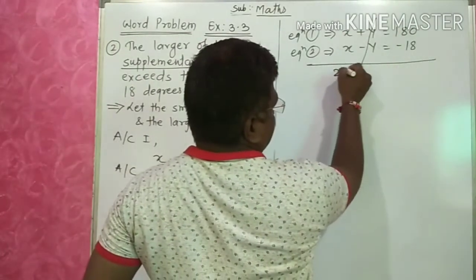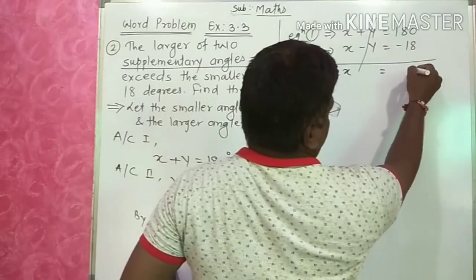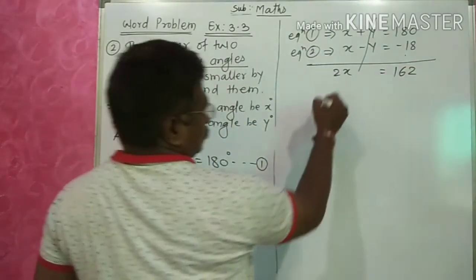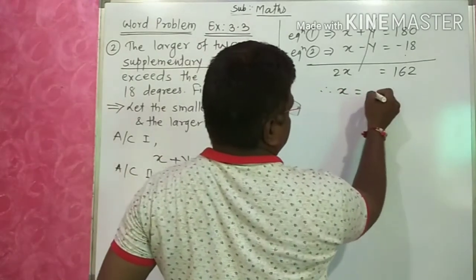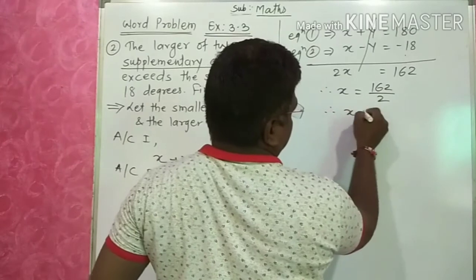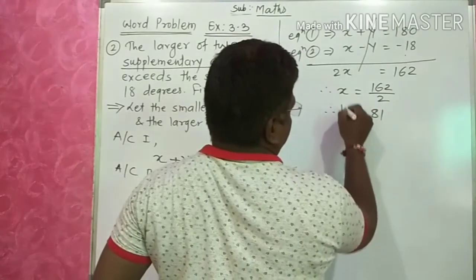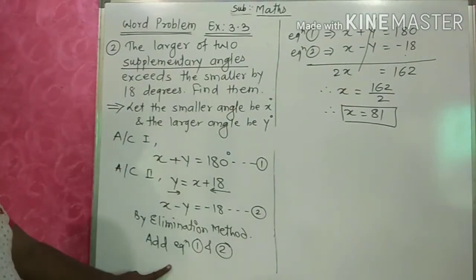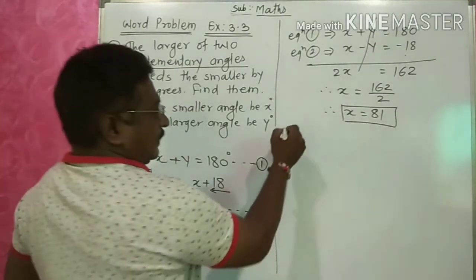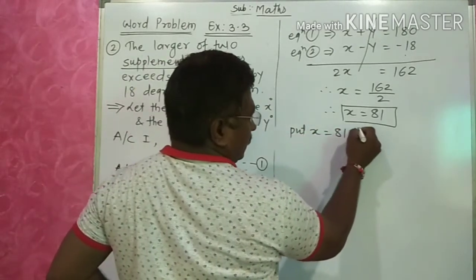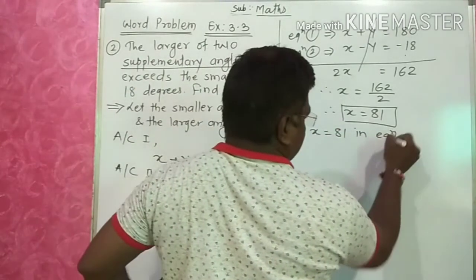So x plus x, 2x equals 162. Therefore x equals 162 by 2, so x equals 81. So the value of x we got. Now put this value, x equals 81, in an equation.